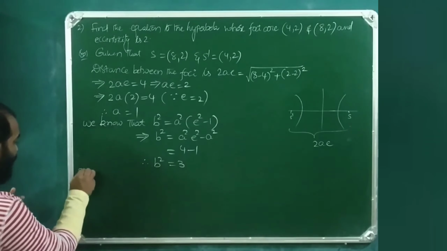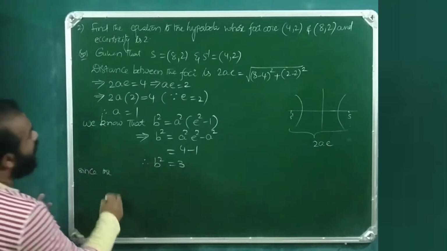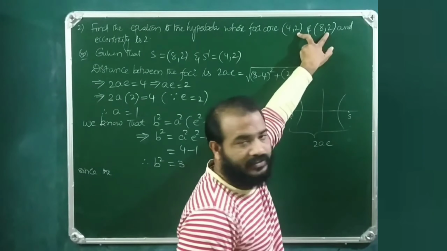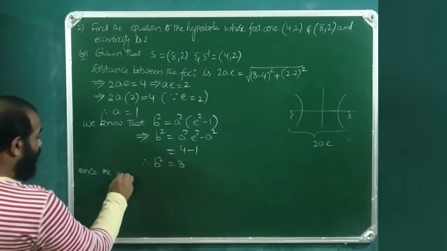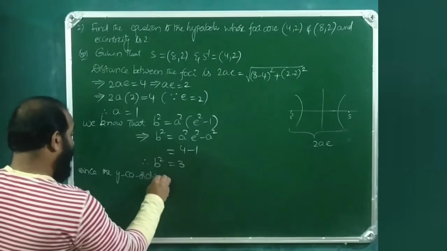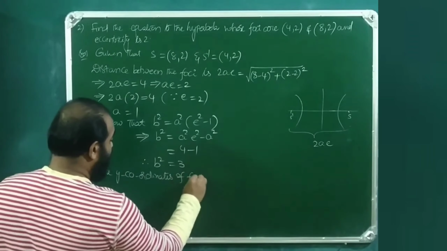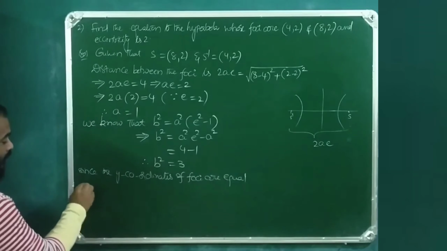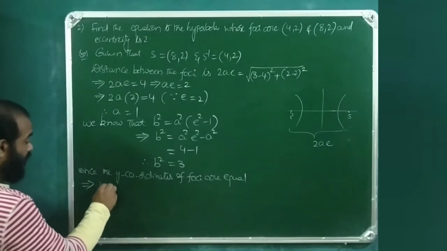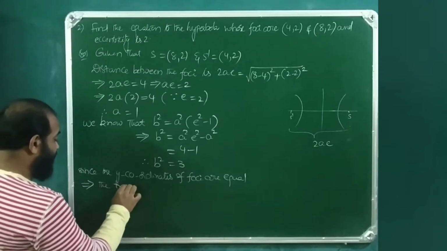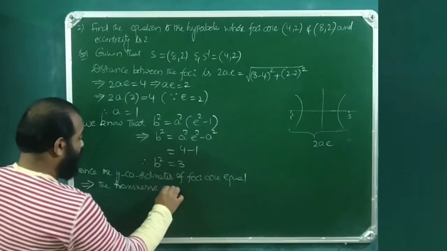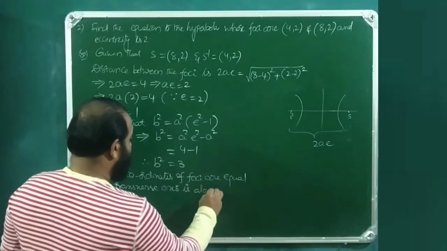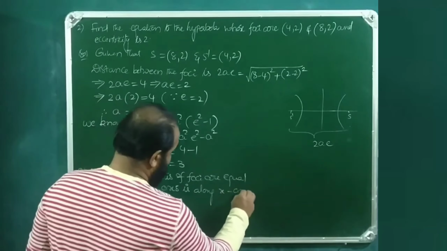Since the y coordinates of both the foci are equal, this implies the transverse axis is along the x-axis.